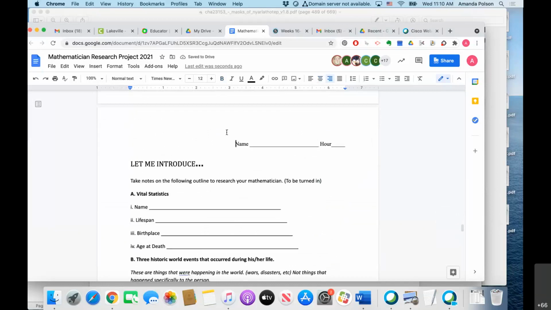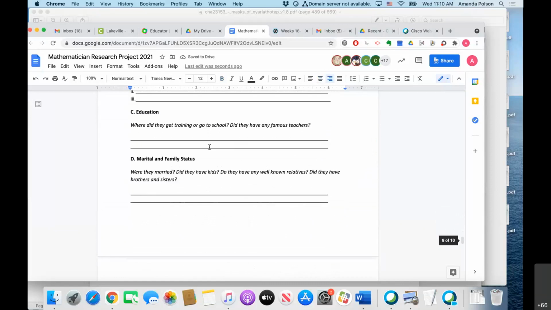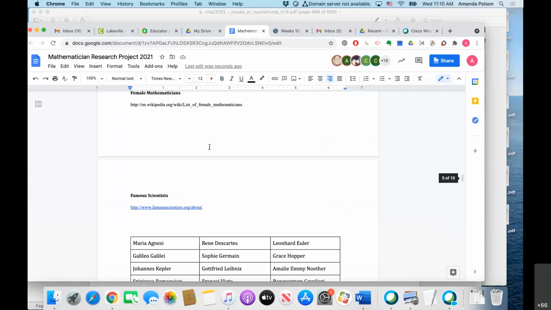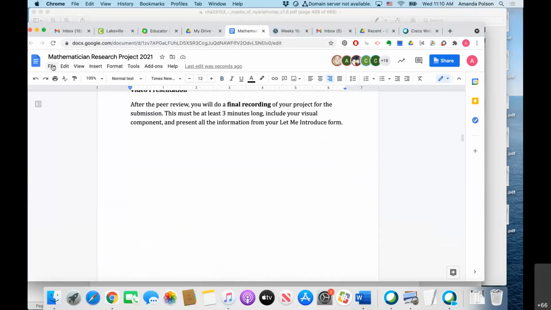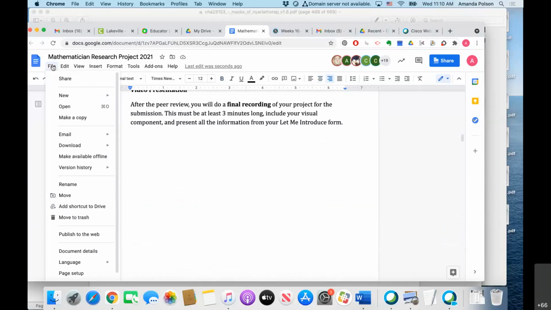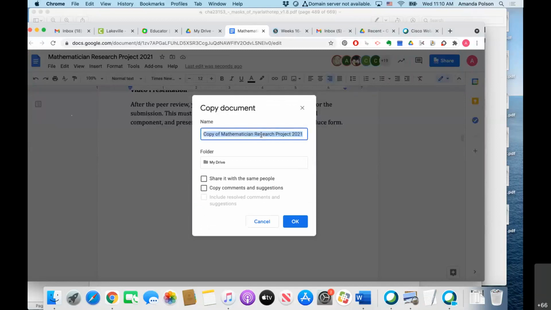So in order to get editing rights, you have to make a copy. What you're going to do is go to File, Make a Copy. Click on that. And then what I want you to do is put your name on it.